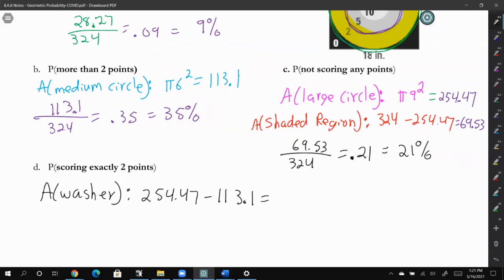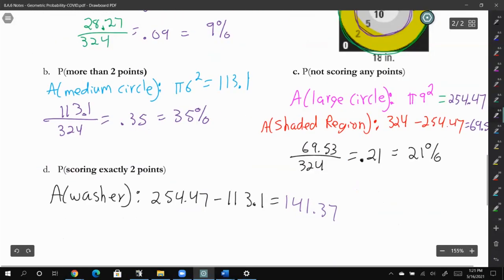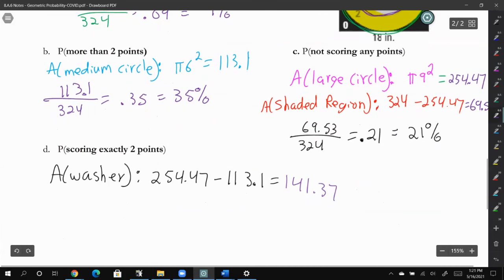So if you were to subtract those, that's going to give us the area that we're looking for. And that gives me 141.37. So the area of this yellow region up here that's shaded is 141.37.